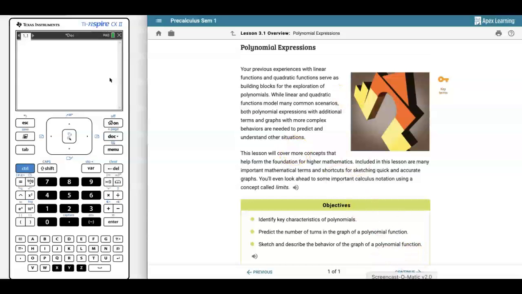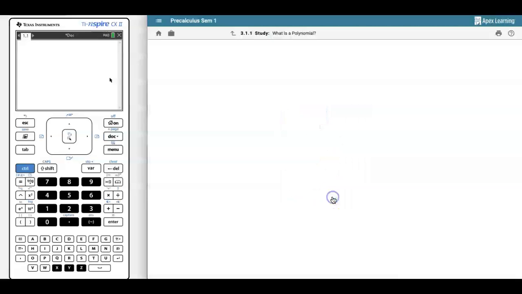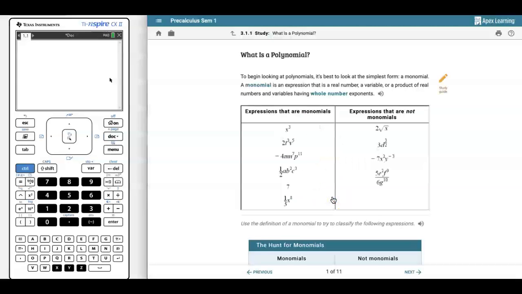So for polynomial expressions, the question is what is a polynomial? To begin to look at polynomials, the smallest form is known as a monomial. It's an expression that is a real number, a variable, or a product of a real number and variables that have whole number exponents.